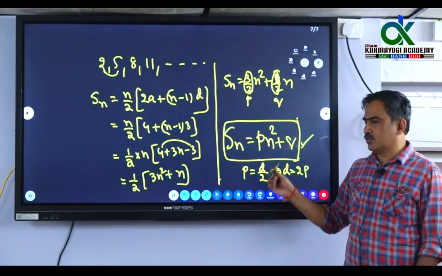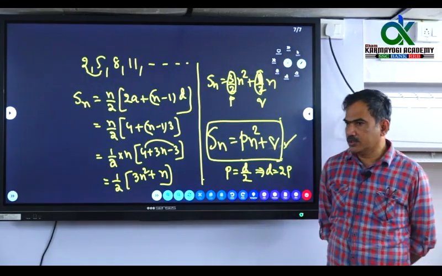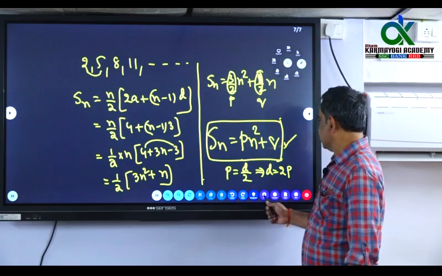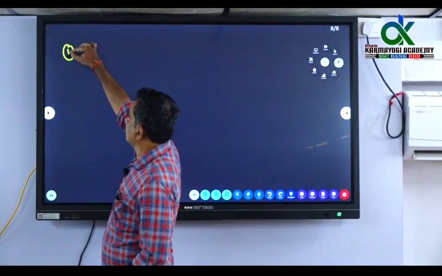Sum of n terms formula is pn square plus qn. Next, write a question based on this.